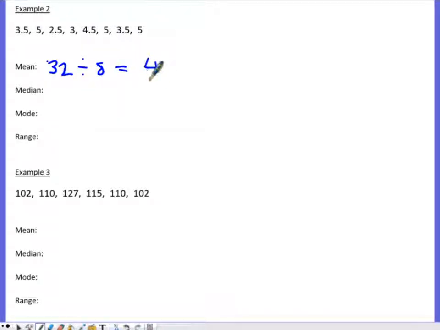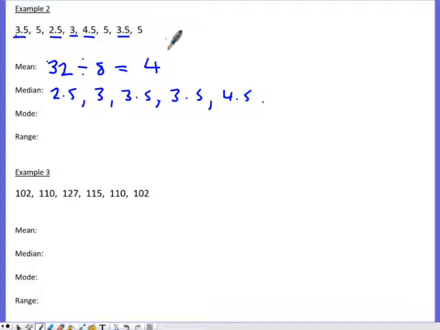To get the median, we're going to put them in order first. So 2.5 is the smallest. The next smallest is 3. The next smallest is 3.5 and another 3.5. The 4.5.